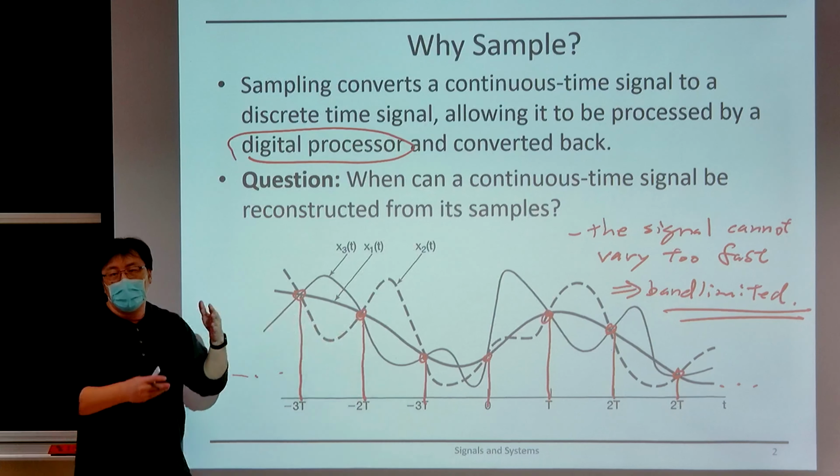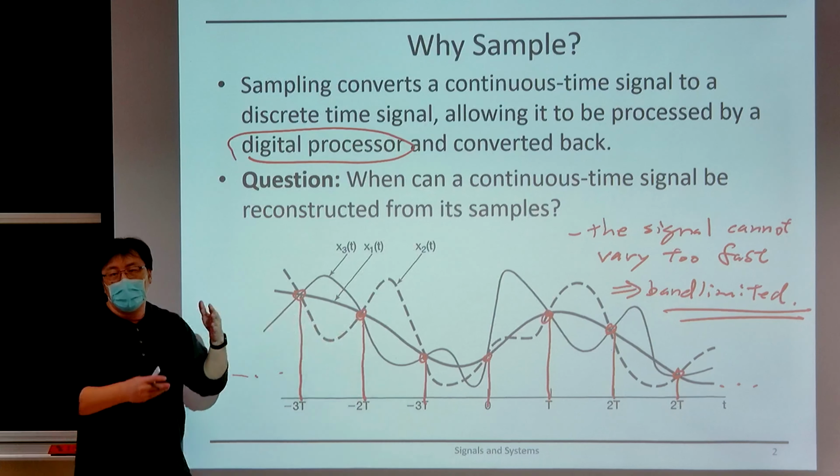The reason for that is because modern technology treats digital processing much more efficiently than analog processing. So if we can convert these analog or continuous time signals to discrete time and maybe even digitize them, we can often use efficient digital circuits to deal with them.